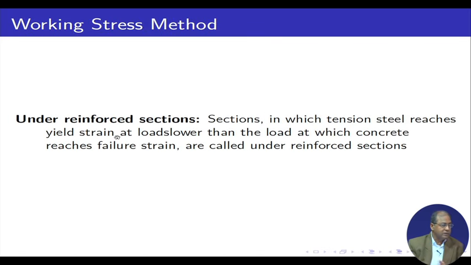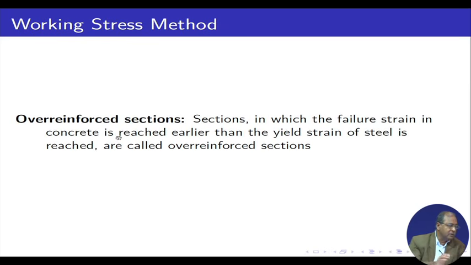Under reinforced means steel reaches first, and then we have over reinforced, that means when concrete reaches first, which is not at all desirable, because failure in concrete will be abrupt, sudden, whereas in steel it will give you some time. So, it is always better to make it under reinforced.